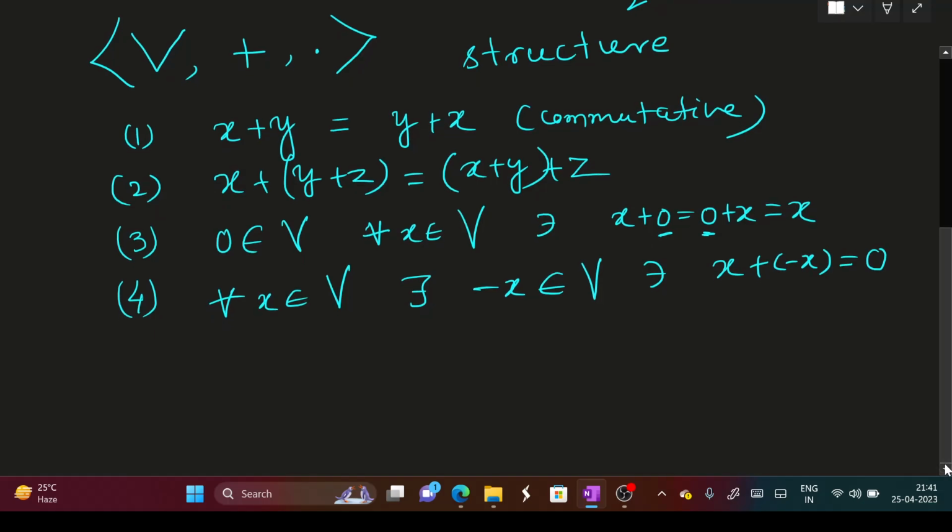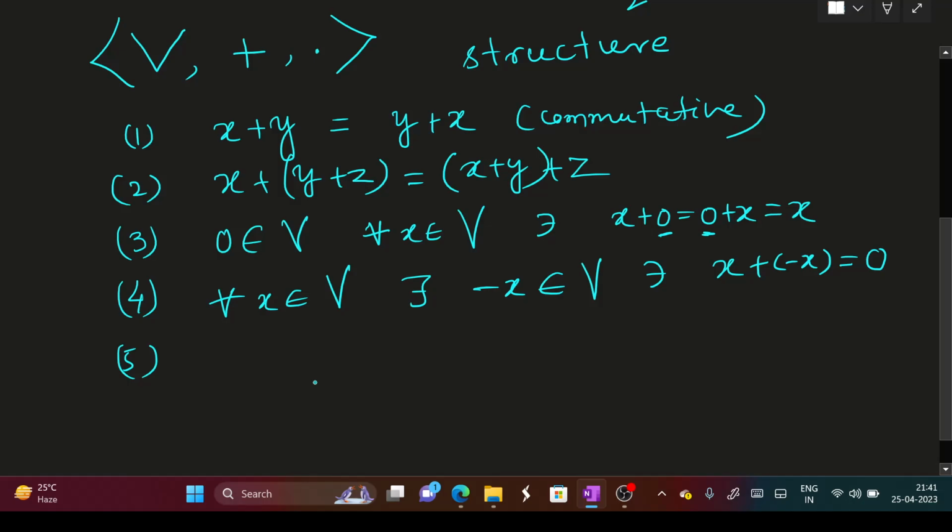For example, the additive inverse of 5 is minus 5. The multiplicative inverse of 5 is 1 by 5. The multiplicative identity is 1 and the additive identity is 0. Okay. So with these 4 properties and 4 properties of scalar multiplication, what are those properties?